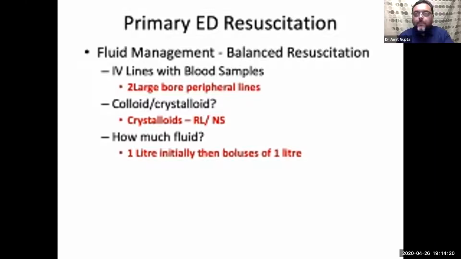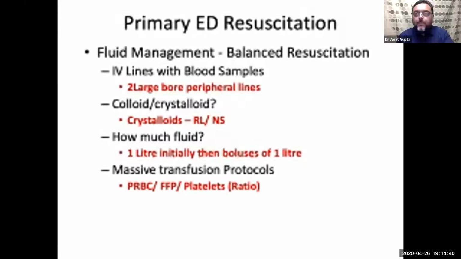But obviously you have to call in for the transfusion, initially beginning with PRBCs, but massive transfusion protocols across the world have hinged around the ratio of 1:1, which is PRBC to FFP, and then later on, maybe if he's really bleeding too much, also platelets.